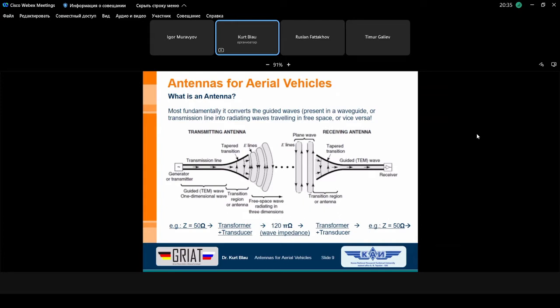We have on the left side, in principle, a transmission line with a generator which can excite the antenna over the transmission line. In a very primitive picture, you can say the transmission line goes out in a cone, and this, in principle, is an antenna, or it works as an antenna.